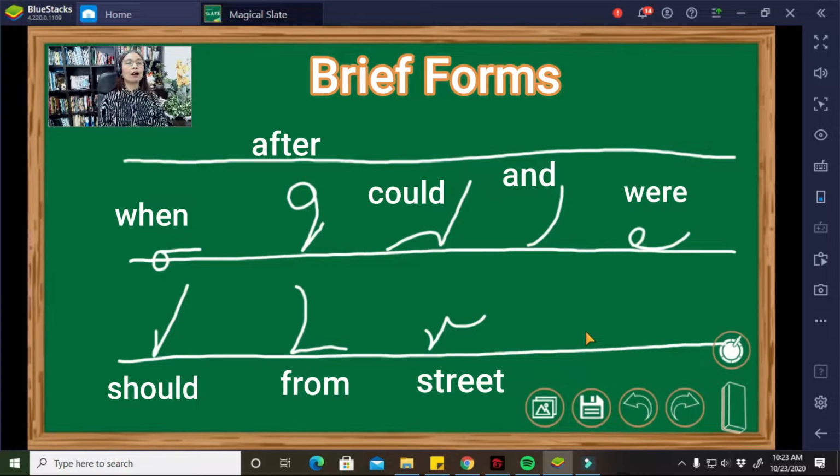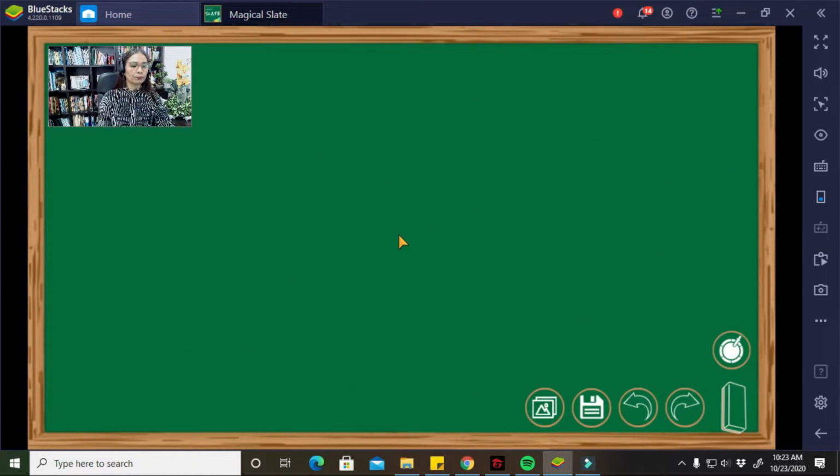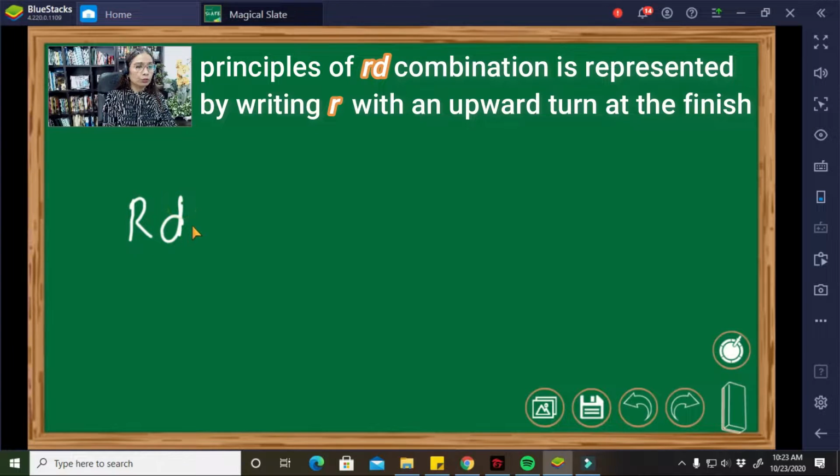So these are the brief forms of Lesson 11. Okay, let's proceed. Let's take up the principles of RD. According to the rule, the combination of RD is represented by writing the R with an upward turn at the finish.